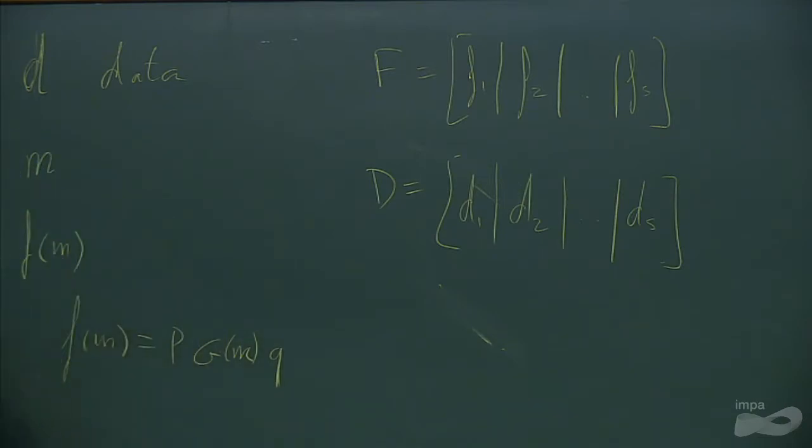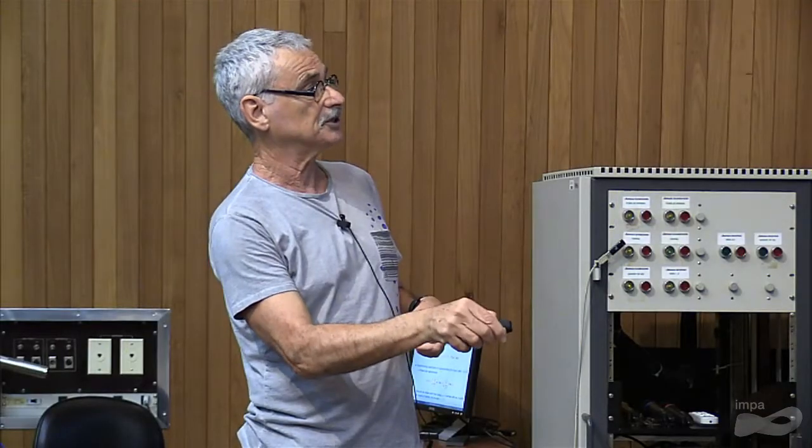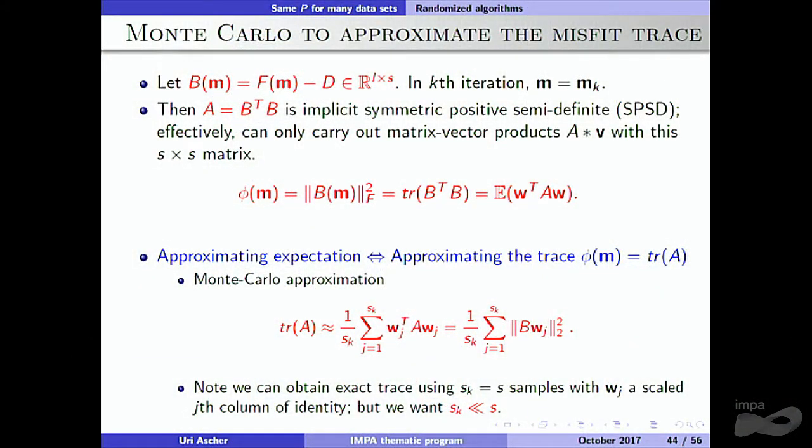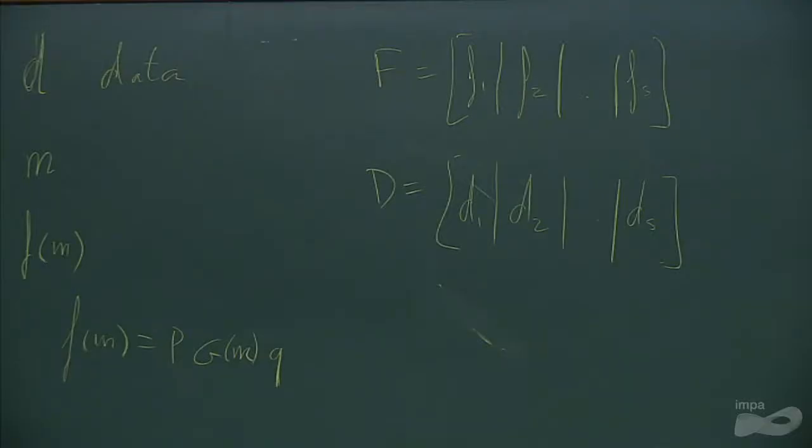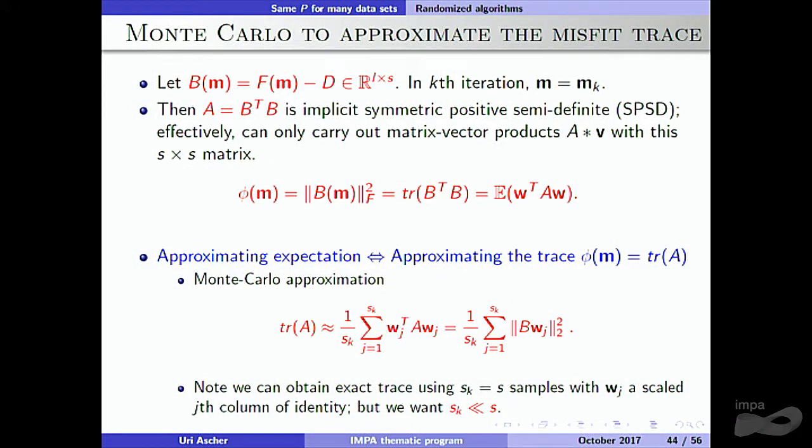And so we are looking at the matrix function F minus the matrix of data D. Each of these has L data points, just like before, but we have S of those. And now the least squares norm of phi is in fact the Frobenius norm of this F minus D, which we call B here.